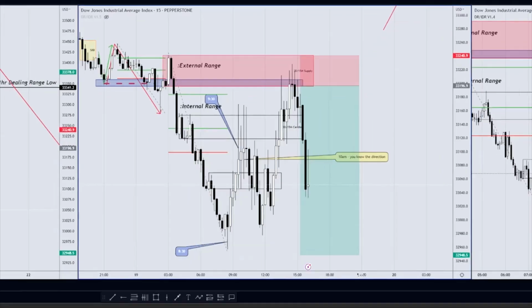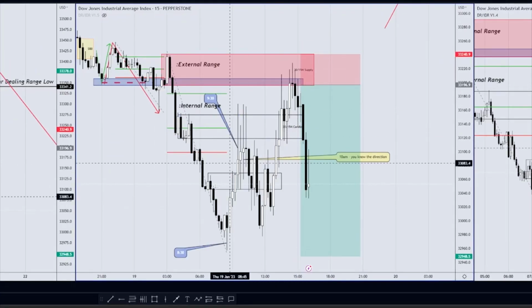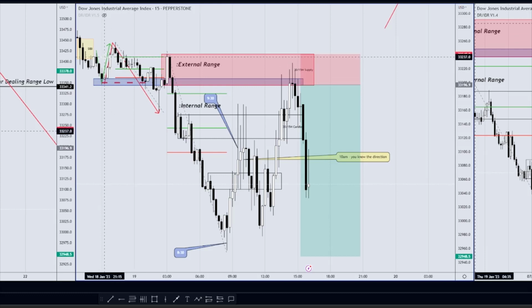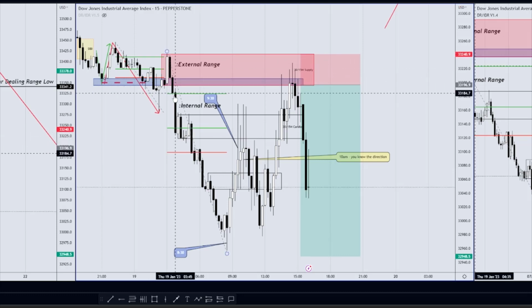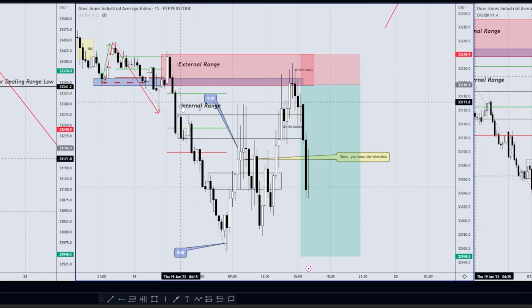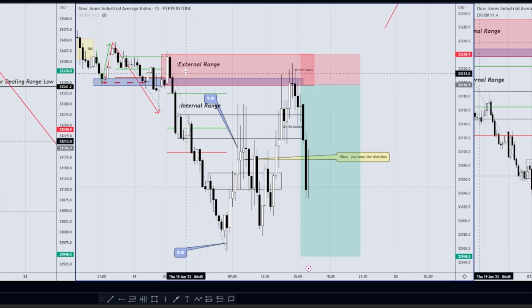As you can see from the 15-minute, the Asian range overnight formed the external range that I'm seeing, and we had at 3 o'clock New York time strength come in, pushing the market down, big candles. So that was the first sign.